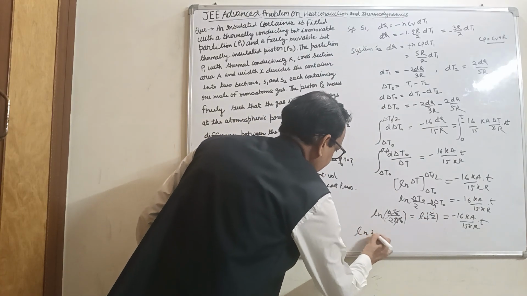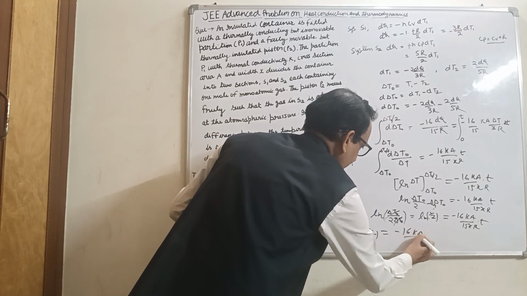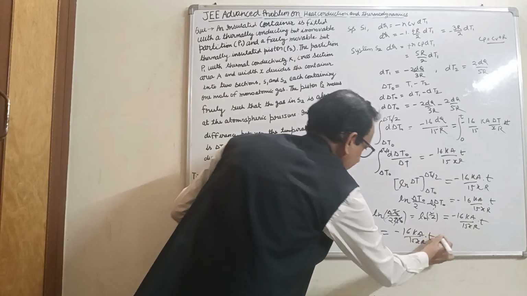So this becomes minus natural log 2 equals minus 16 K A by 15 x r into T.